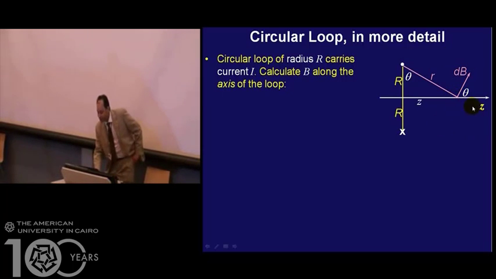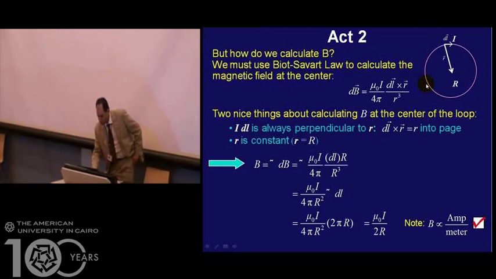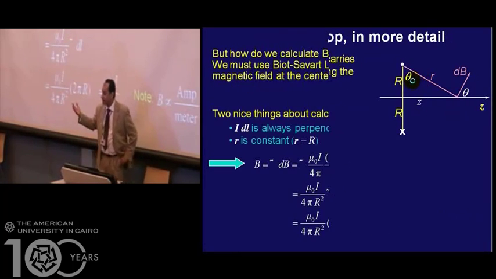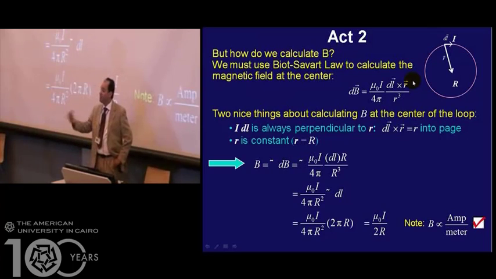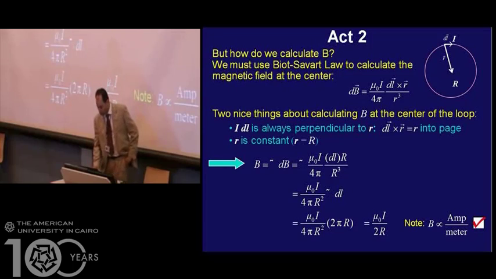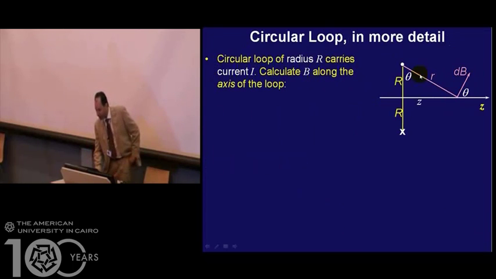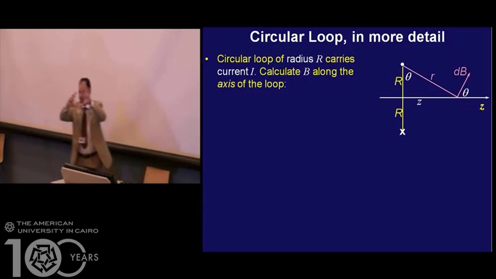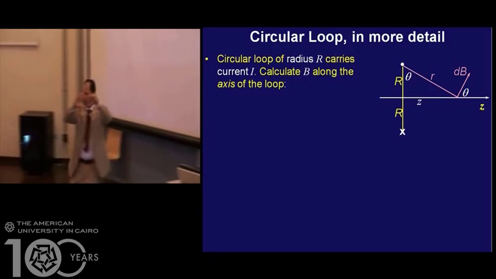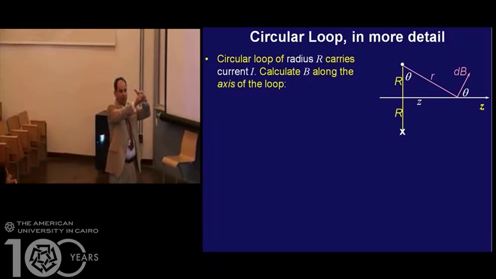If the two segments carry the same current, which is the case, and have the same length, and I'm going to choose them the same length, then you have two components of the magnetic field, one along that direction and one along that direction, which means the y component will cancel out, and the only component that will survive is the component along the z direction. So now the magnetic field from that loop, at that point, is going to be pointing out.